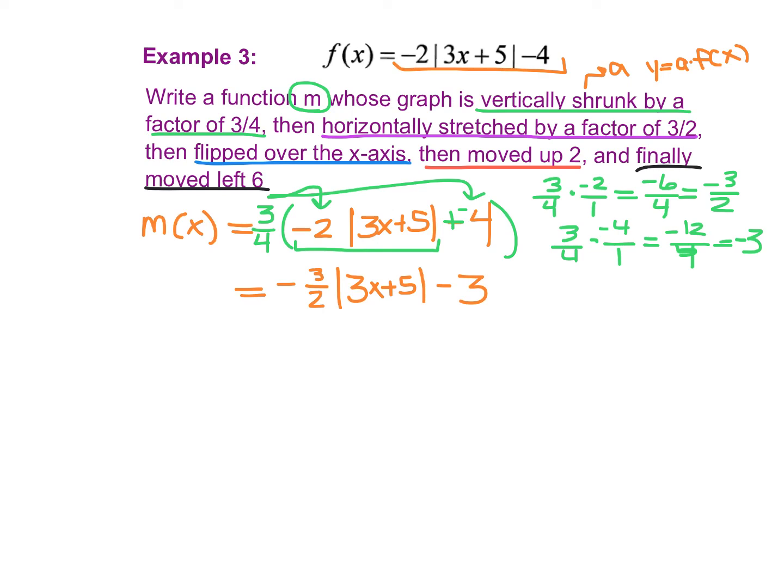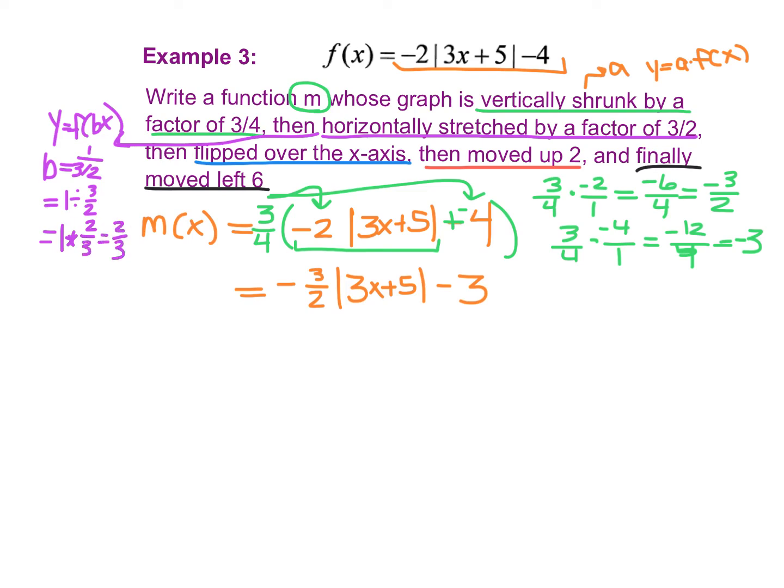Then this next part says a horizontal stretch by a factor of 3/2. So remember, with a horizontal stretch, we're just going to multiply the x value by our b value, and our b value is calculated by taking 1 over our factor, which is 3/2. So this is 1 divided by 3/2, which is 1 times the reciprocal here, which is 2/3, so it becomes 2/3.